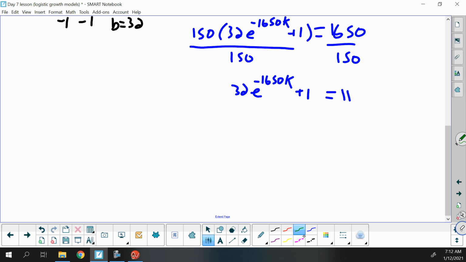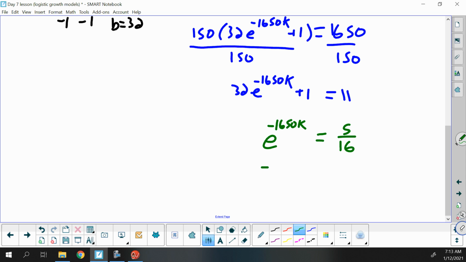If we subtract the 1 over, we'll get 10, and divide the 32 over, we'll get 10 over 32, or that could be reduced to 5/16. So again, subtract the 1, divide by 32, and we'll have e to the negative 1650k equals 5/16.